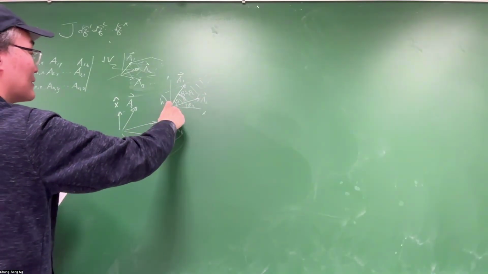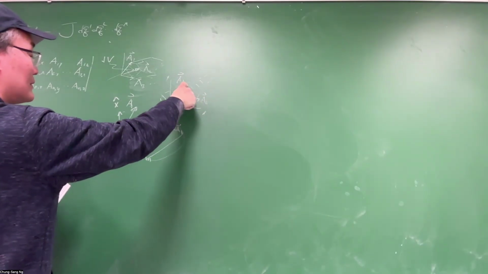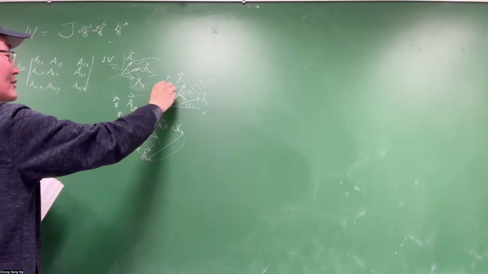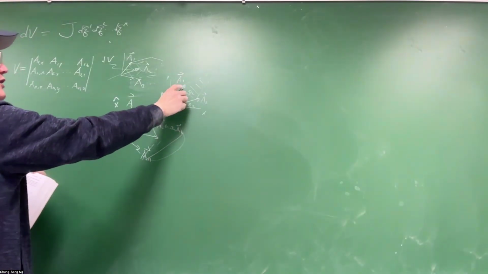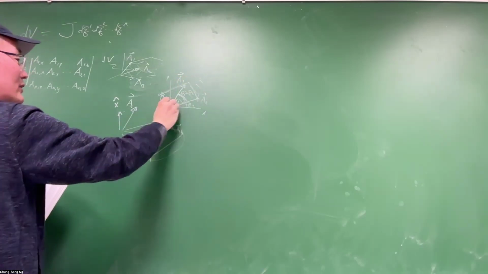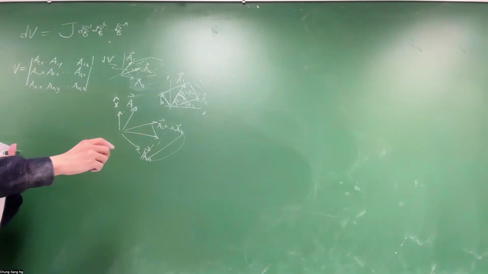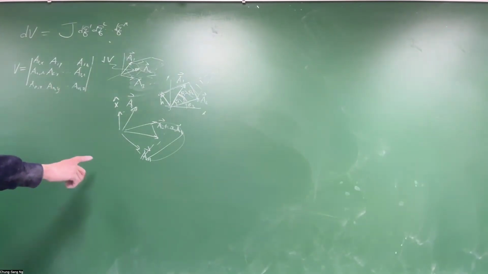So you change this vector to here, basically get rid of the component along A2, but the area doesn't change. This square has the same area as this parallelogram. Okay, so this operation doesn't change the total volume.